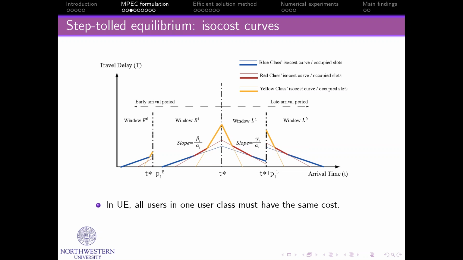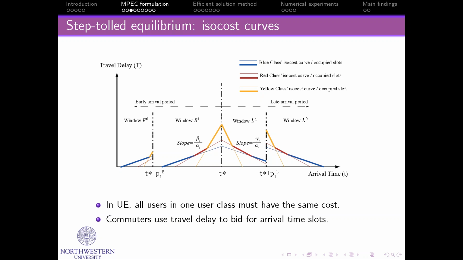After that, we have to consider how these users balance themselves across each time period and among each class to get to the user equilibrium. In UE, all users in one user class must have the same cost. This is how they balance themselves across the arrival windows within each class.